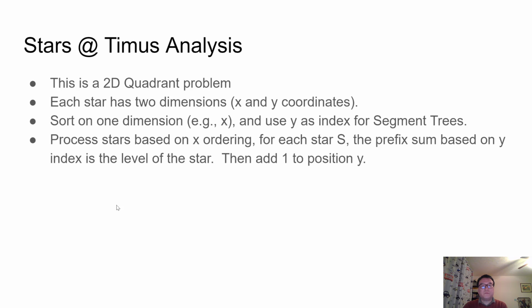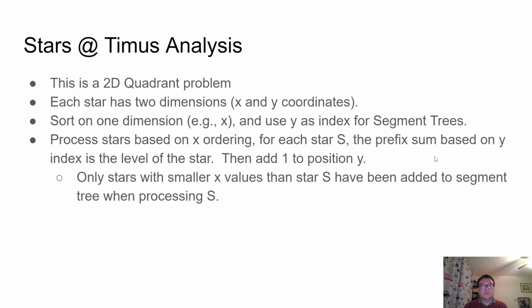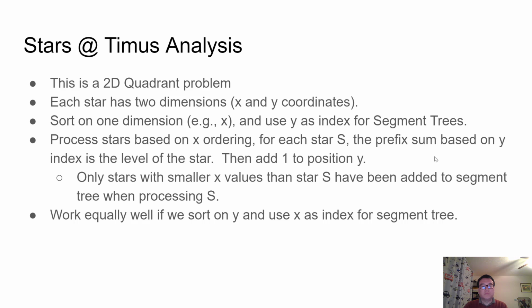For example, we can process stars based on the x ordering, and for each star s, compute the prefix sum based on the y index. The prefix sum is essentially the range sum from the beginning to that point. It's the level of the star. Then we compute that, and then we add one to the position.